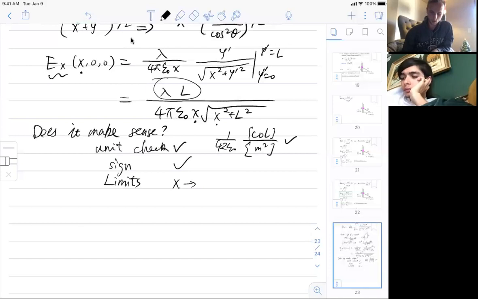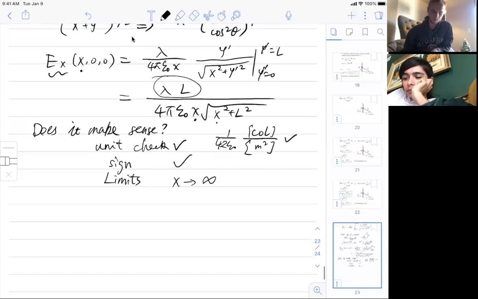Yeah, someone said 0 and infinity. Those are obviously limits we want to look at, for x equals 0. I would say yes, but sometimes we want to narrow it down a little bit more to be more accurate. So, x equals infinity. If you put in infinity here, your result goes to 0. And you say, okay, I think that is correct.